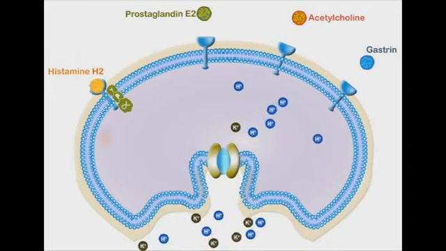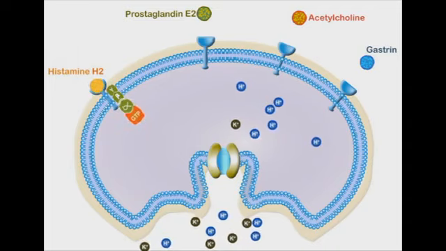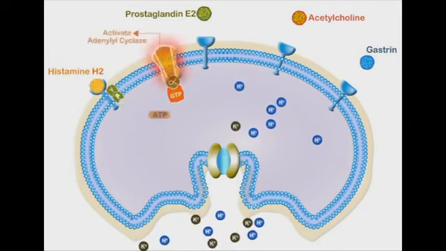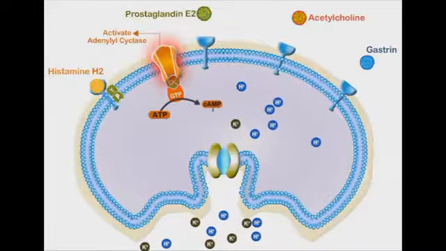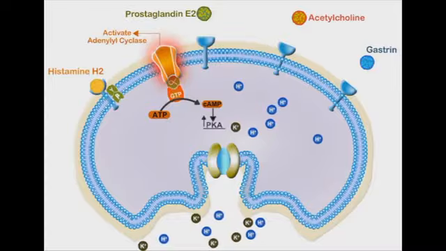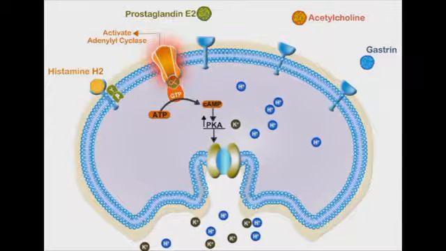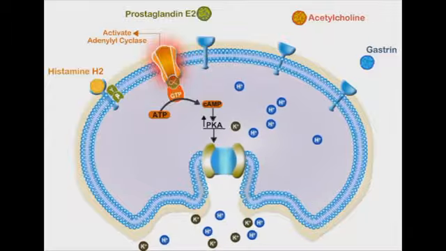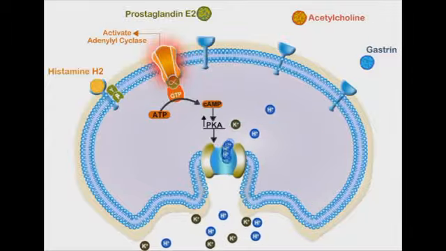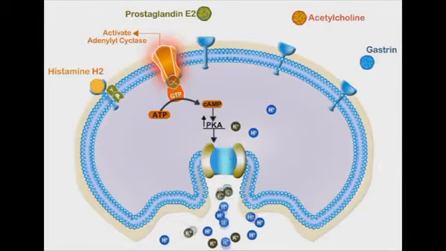Binding of histamine 2 molecules to their G-coupled receptors results in the activation of adenylyl cyclase enzyme. The active enzyme, in turn, increases the activity of protein kinase A enzyme, which enhances the proton pump function.